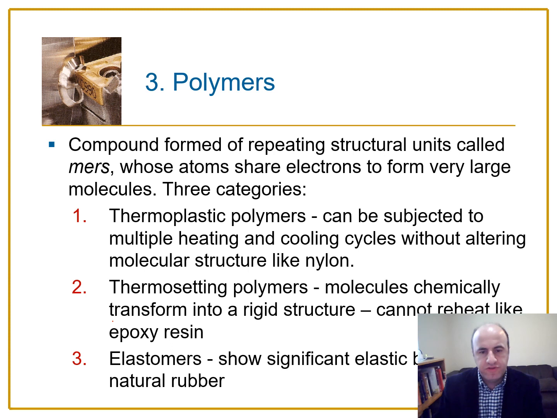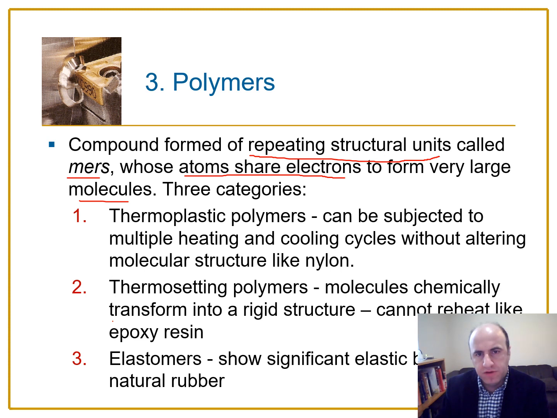In polymer material, we have a lot of repeating structural units, and the unit is called a mer. And in the mer we have atoms that share electrons to form a larger molecule.